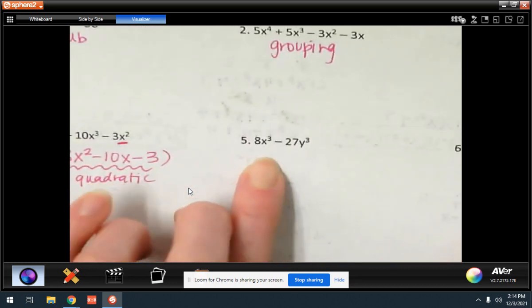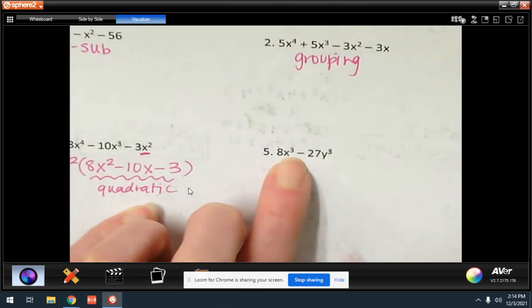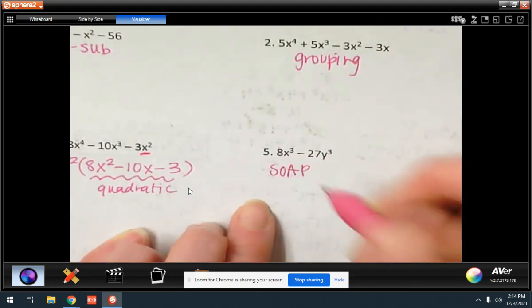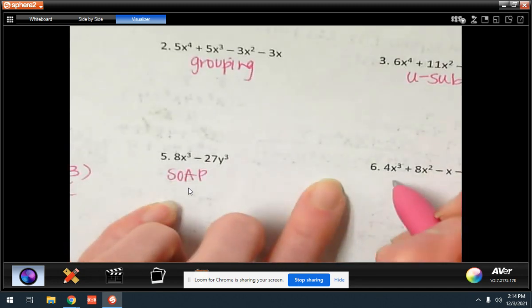Okay, what is number 5? That's difference of cubes. We'll just write SOAP. Anytime it's a sum or difference of cubes, we'll write SOAP. And the last one is grouping.